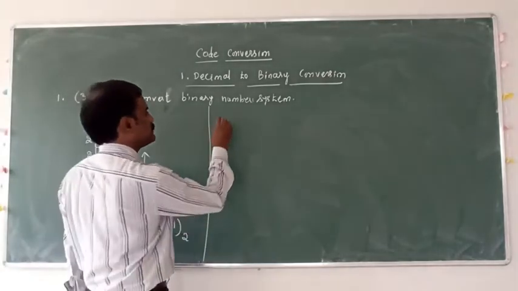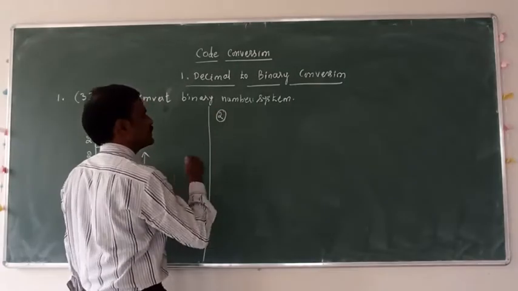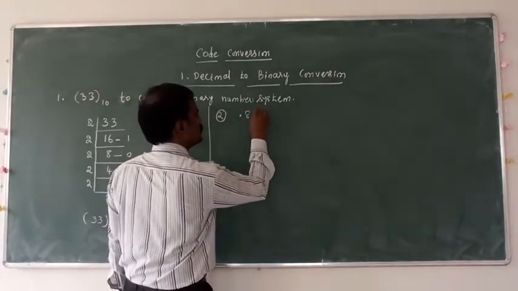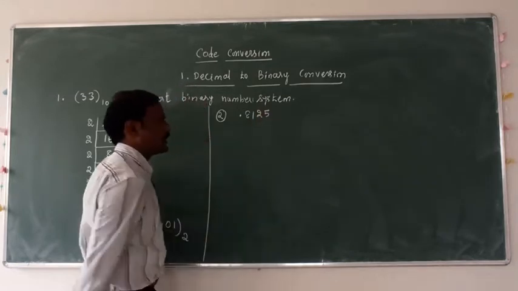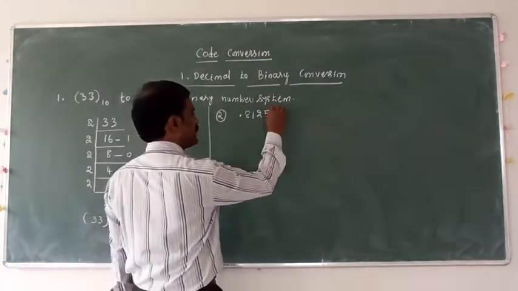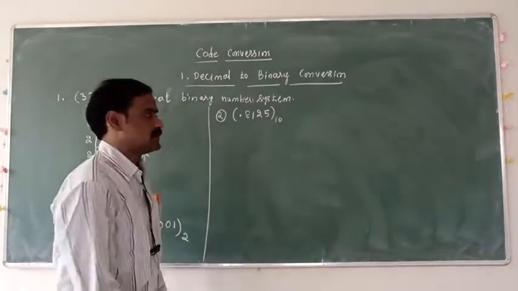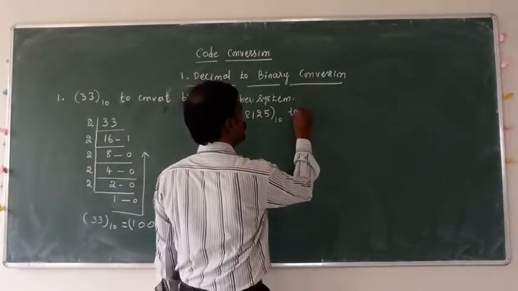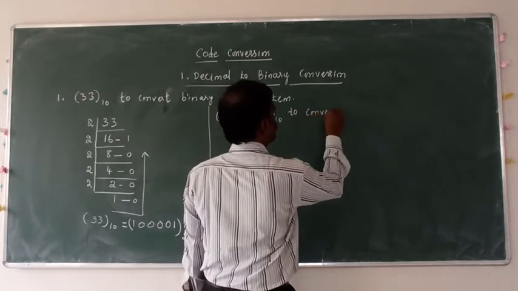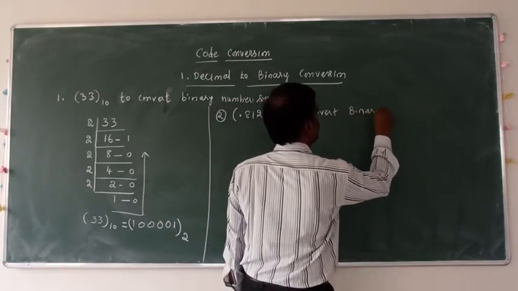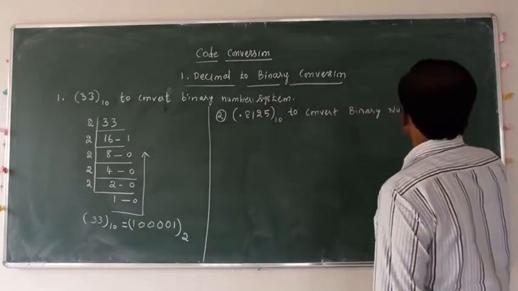And the second sum: 0.8125. This is a decimal number to convert to the binary number system.